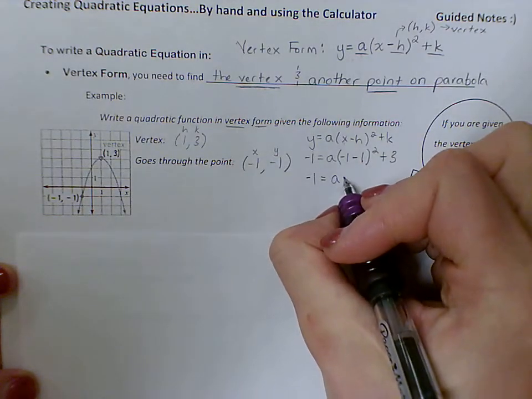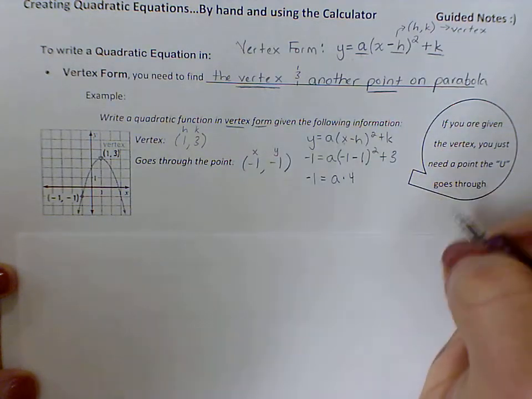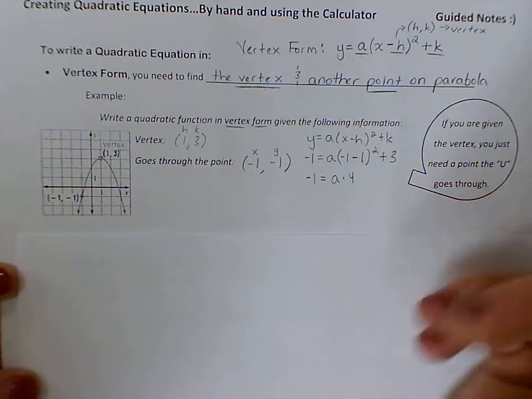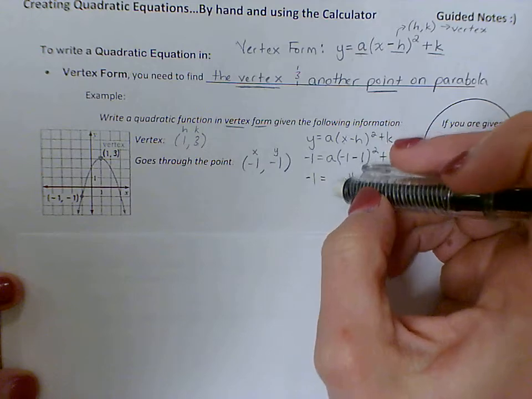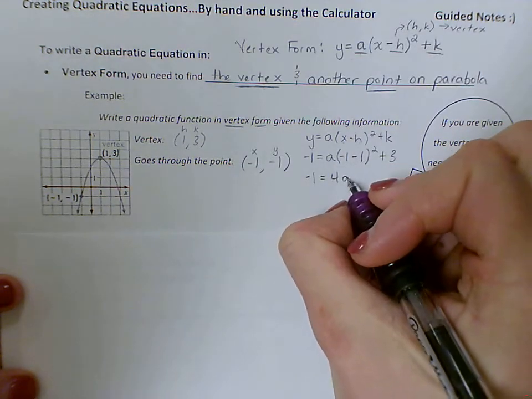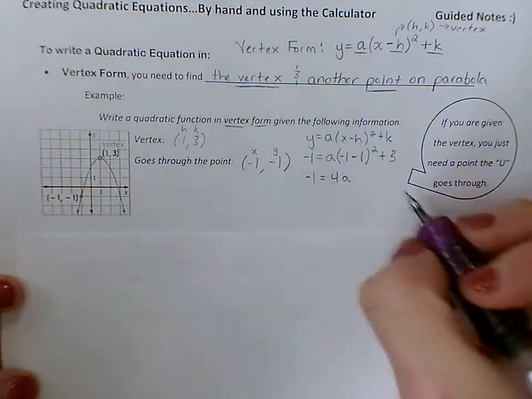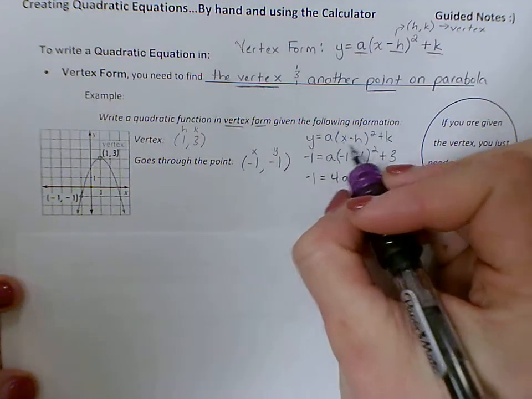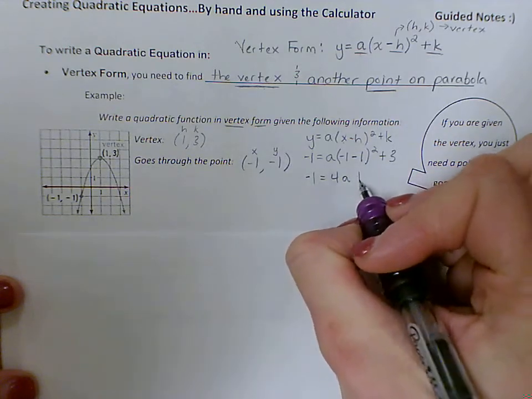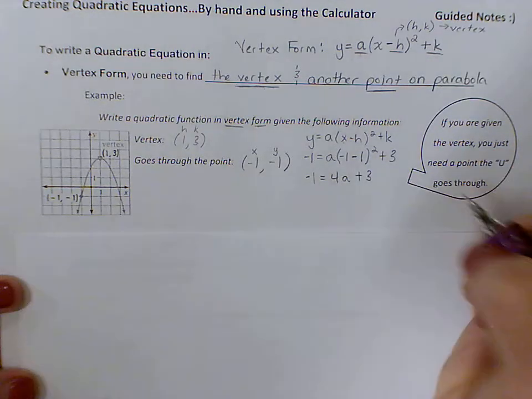So that ends up being times 4 right there. Now, when I'm multiplying a variable by a number, typically we put that in front. So I'm going to erase that and put that 4 in front of my a, because a is like my variable. And then I have that plus 3, so it just comes down.